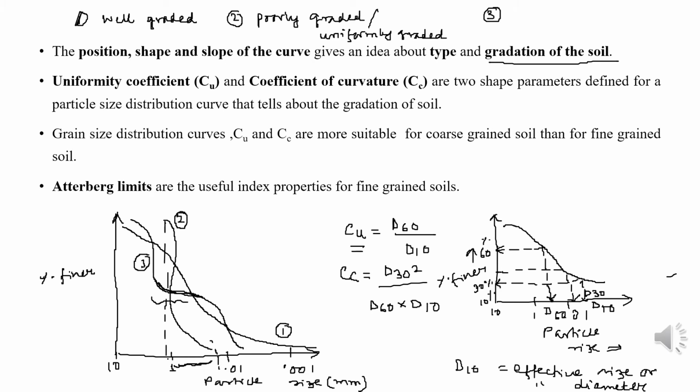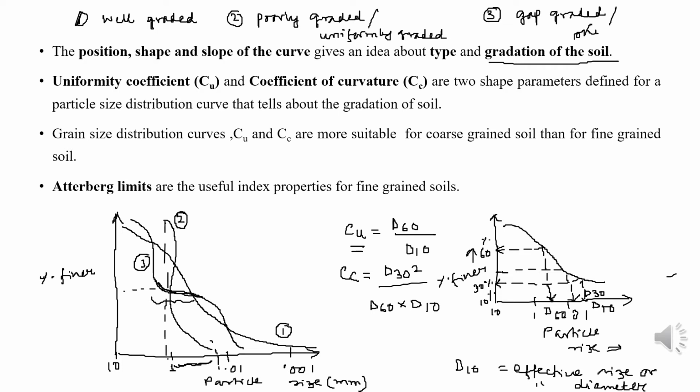That is, the intermediate size particles are missing, and there is a gap in the gradation, and hence it is called a gap graded soil or skip graded soil. So this we can say is the gap graded or skip graded soil.